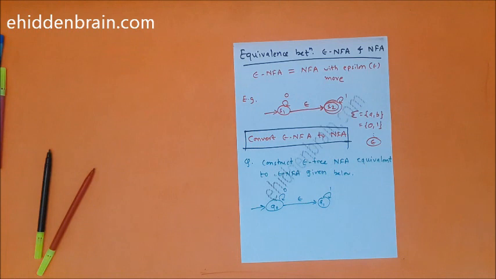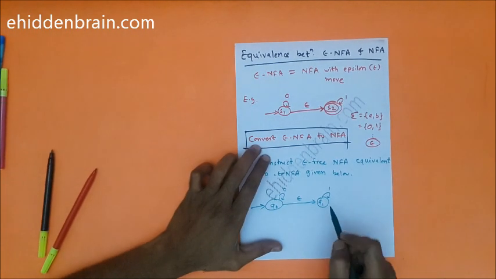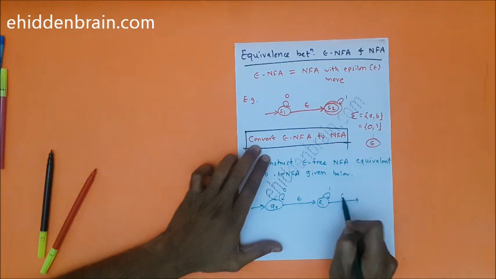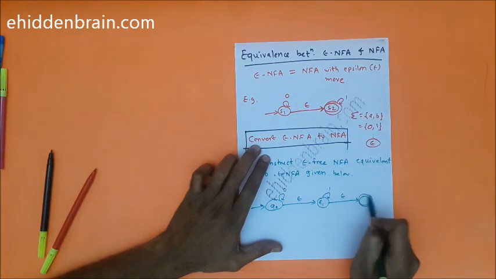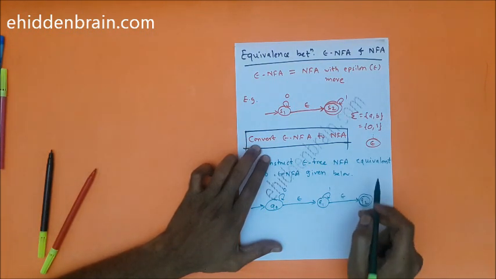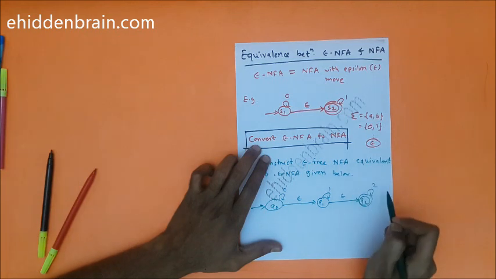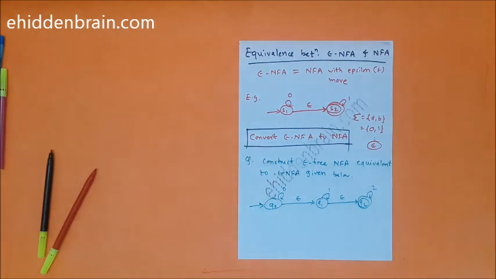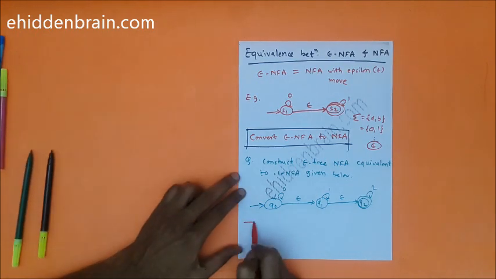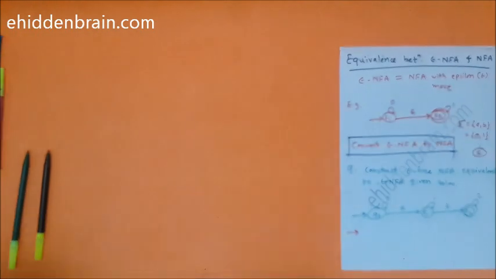On Q1 we have an epsilon move which goes to the final state Q2. On Q2 again we have a transition of 2. So this is what is given as the question. Let's try to convert it to an NFA, so let's find the answer for this.